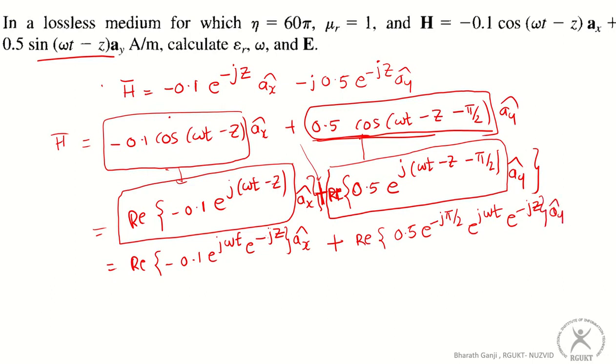Okay, so if you see this, e power minus j pi by 2 is nothing but cos of minus pi by 2 minus j sine, since it is e power j theta, right? So e power minus j pi by 2 simply converts to minus j. So now instead of e power minus j pi by 2, I can write minus j. So the phasor notation is simply you remove the real parts and you write the remaining terms.